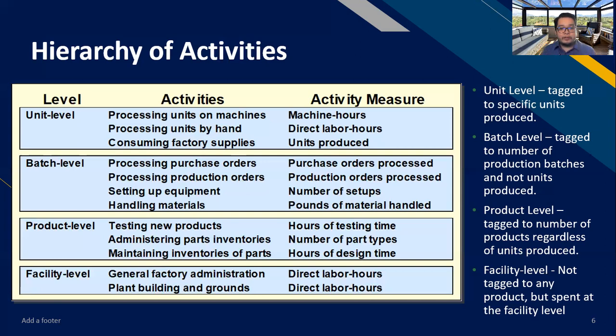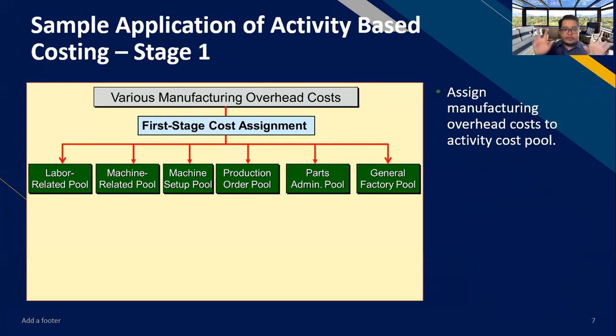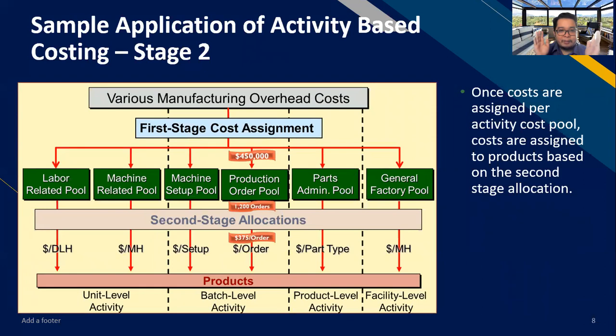Okay. So an example is that at the first stage cost assignment, total manufacturing cost will be assigned to different cost pools of activities. So yung labor-related pool, machine-related pool, kumbaga, the total manufacturing overhead that you have, you have to be able to identify whether that is related to activity A, B, C, and D. Once you have identified the amounts for activity A, B, C, and D, there's a second stage allocation.